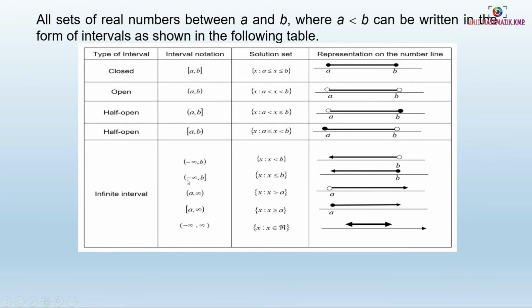Next, from negative infinity to B, including B. So solution set: X, where X is less than or equal to B. We draw on the number line from B to the left, and at B a filled circle.